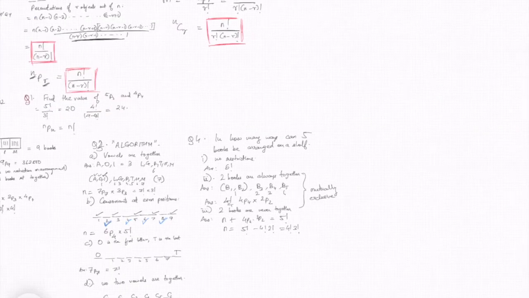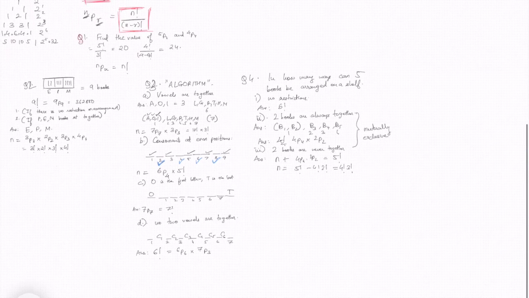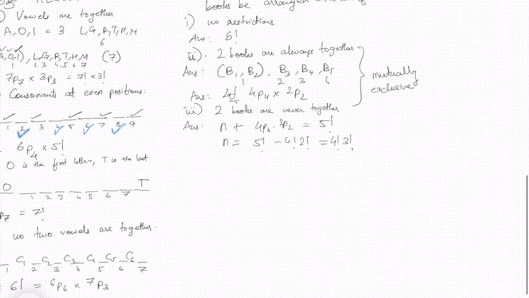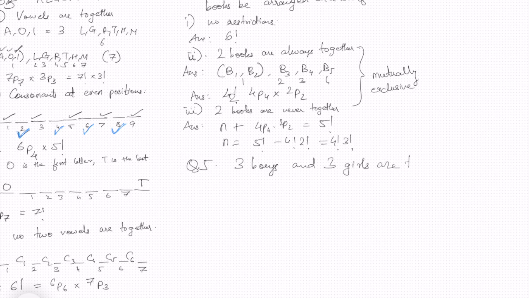Okay, so let's look at one final question. 3 boys and 3 girls are to sit in a row.